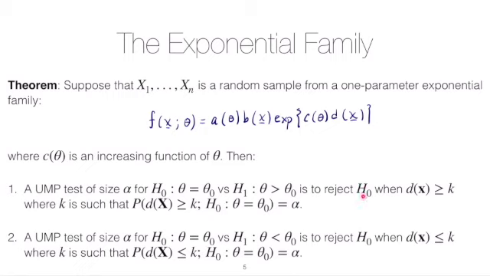In this case, we would reject the null when our sufficient and complete statistic is greater than or equal to k, where again k is chosen to be a test of size alpha. In the case of a lower-tailed test, where the alternative has a less than sign, we can get a uniformly most powerful test of size alpha if we reject when D of x is less than or equal to k. Again, k is chosen to be a test of size alpha.